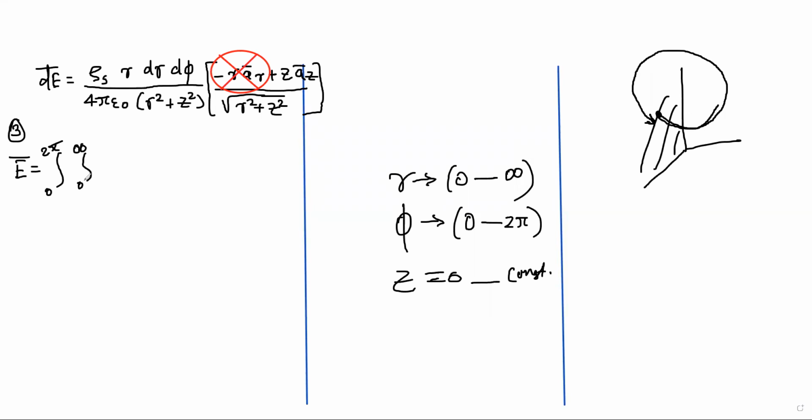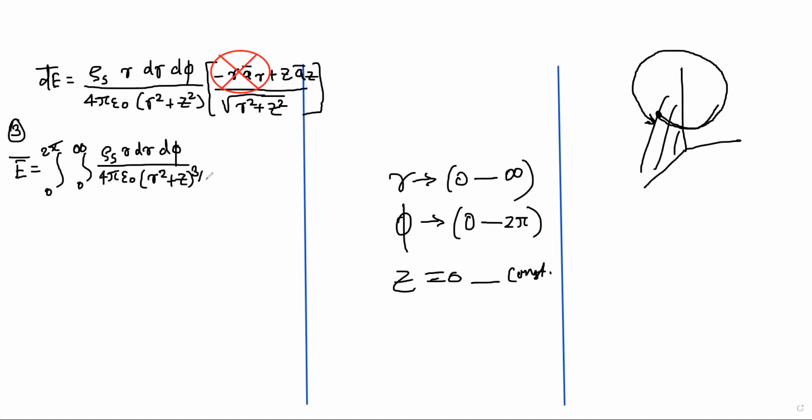Do you understand the double integration? Because it is a surface charge. Now here I will write the rest of the things like rho s r dr d phi divided by 4 pi epsilon naught into bracket r square plus z square bracket raised to 3/2.